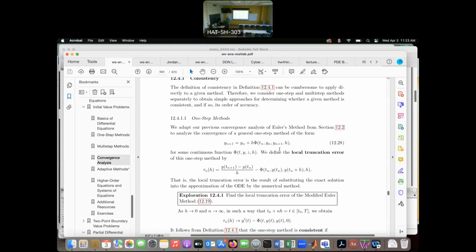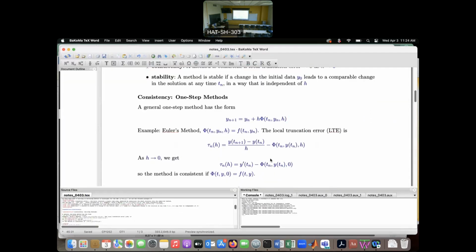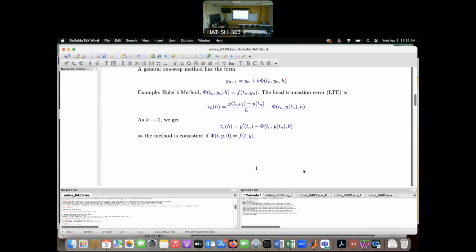So y_{n+1} is described in a self-referential manner. So it only makes sense that phi for an implicit method is also described in a self-referential manner. It's kind of weird, but we're going with it. I'm trying to be consistent with the community here. And then the next edition of the book will definitely have that. So that's what I've done throughout the notes, in case you go look at the book and see a discrepancy. And it does simplify a lot of things.